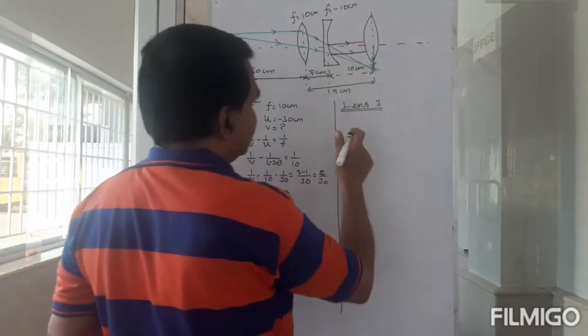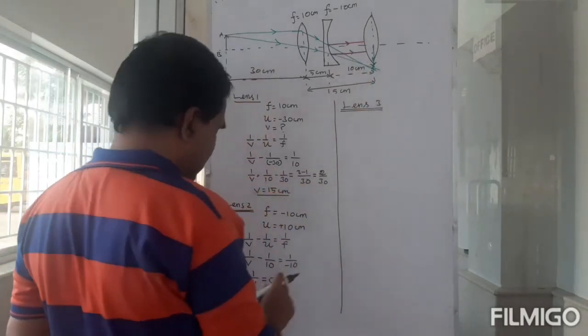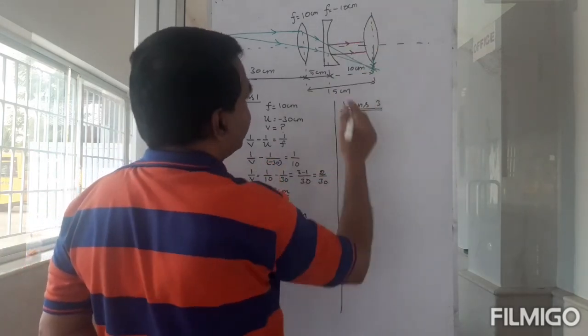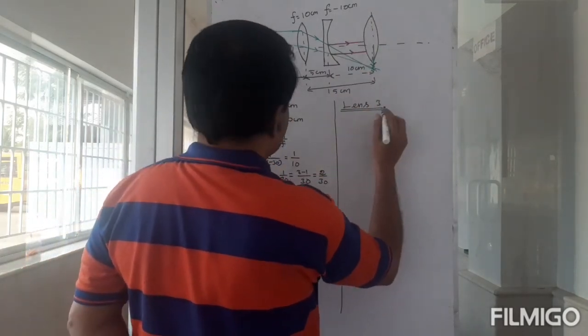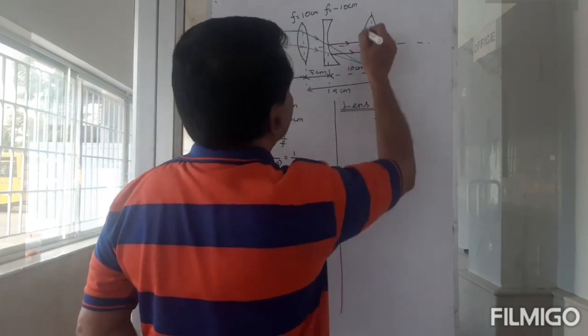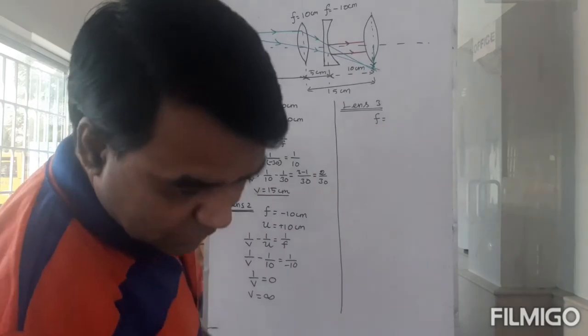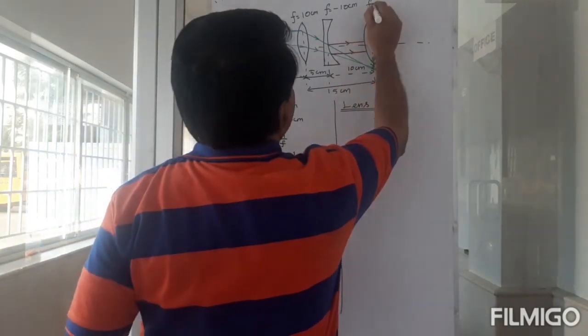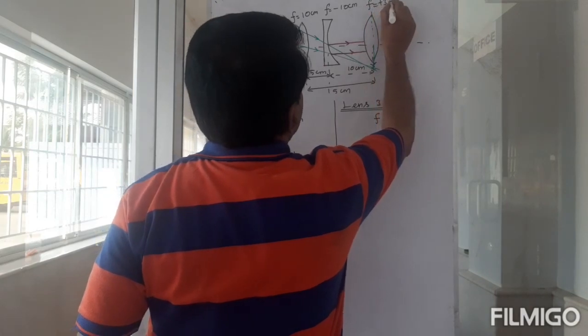Next, lens 3. What is its f now? For lens 3, f is equal to plus 30 centimeters.